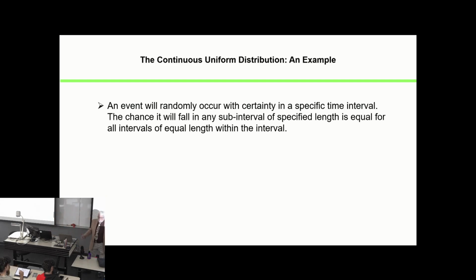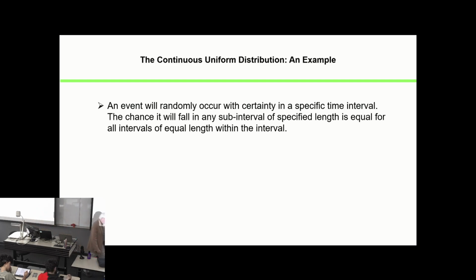We're going to consider some event that will occur with certainty in a specific time interval. In physics, it might be the emission of a rare particle that we can be certain is going to occur at a certain time.